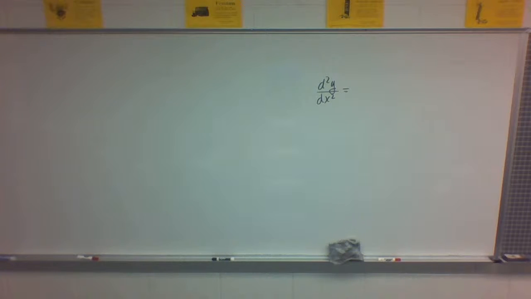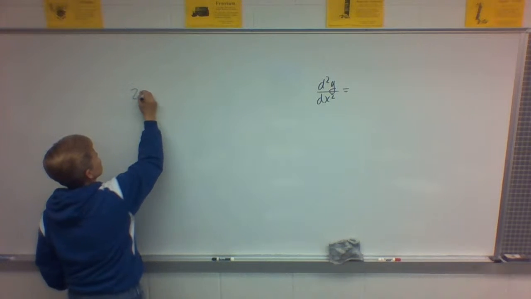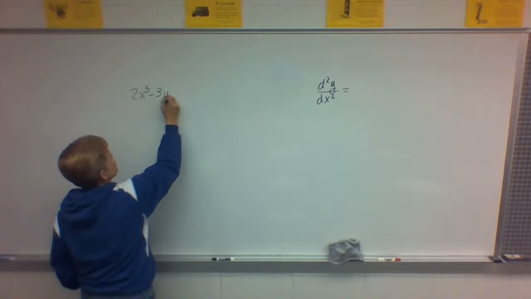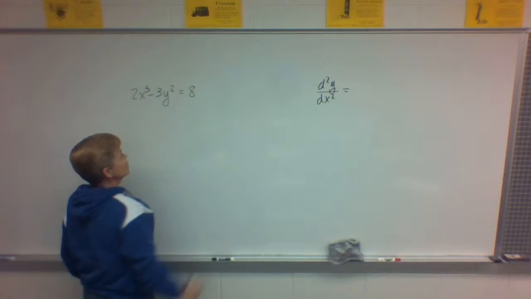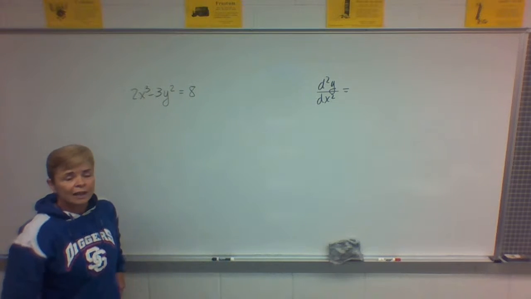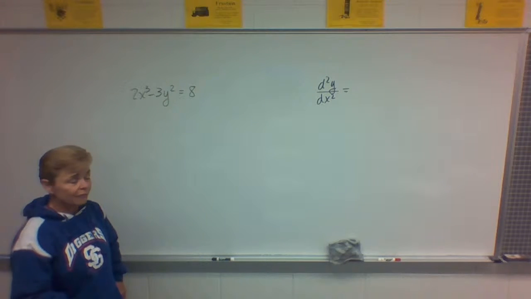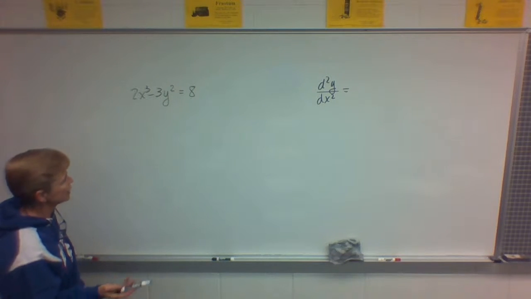The relation that we're trying to figure out the second derivative of is 2x cubed minus 3y squared equals 8. And we wish to find the second derivative of this, which is going to have to be derived implicitly. So our first derivative, dy/dx, we've got to find that first, just the way we've been doing it all day.